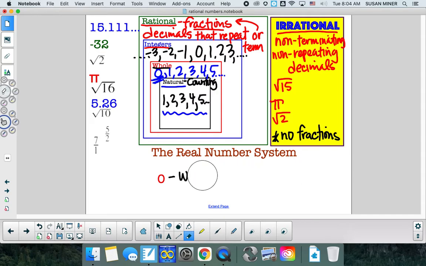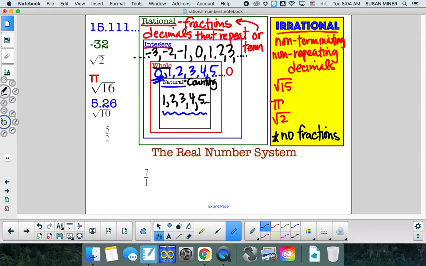Okay, so let's try again. I'm going to put this 0 right out here. We've classified it. I'll put it in with the integers for now. Okay, what about 7/1? Well, 7/1 is equal to the number 7. So 7 would be a counting number or a natural number.